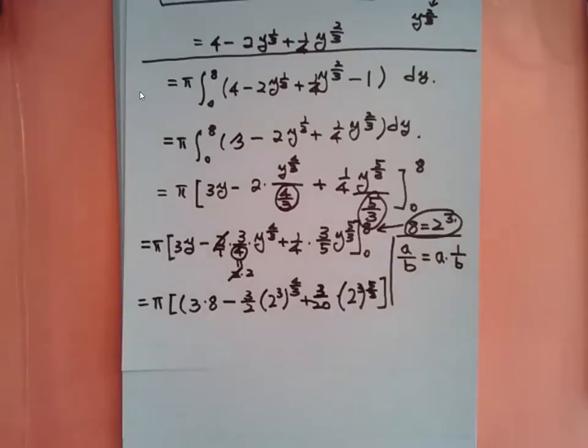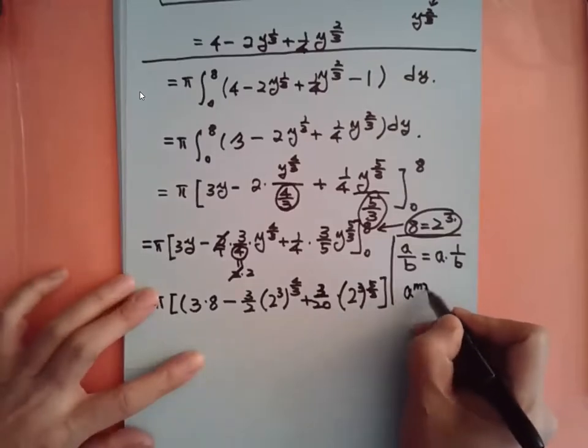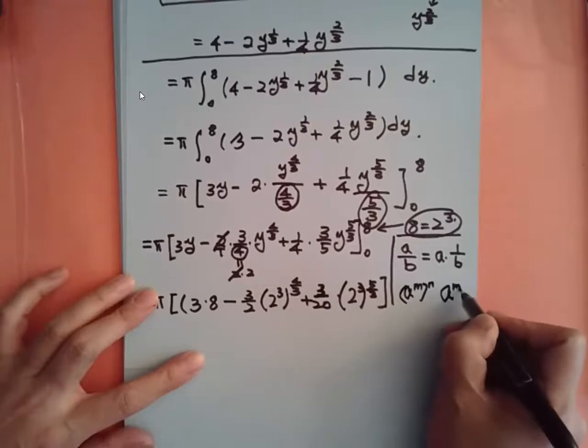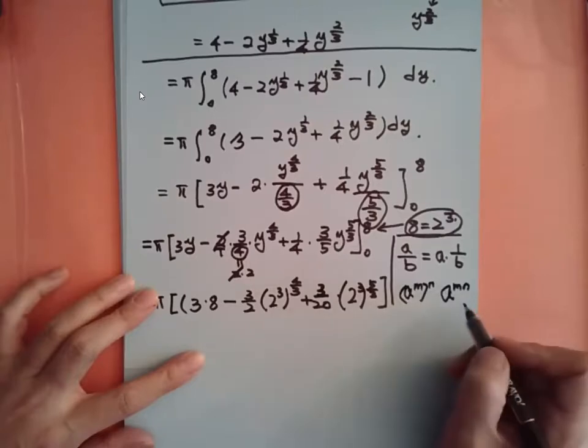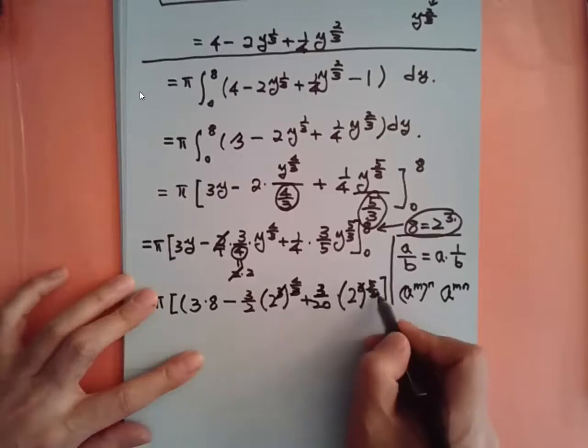We know a to the m power, to the n power, is a to the m times n. So we just multiply the powers. So these threes will cancel each other.